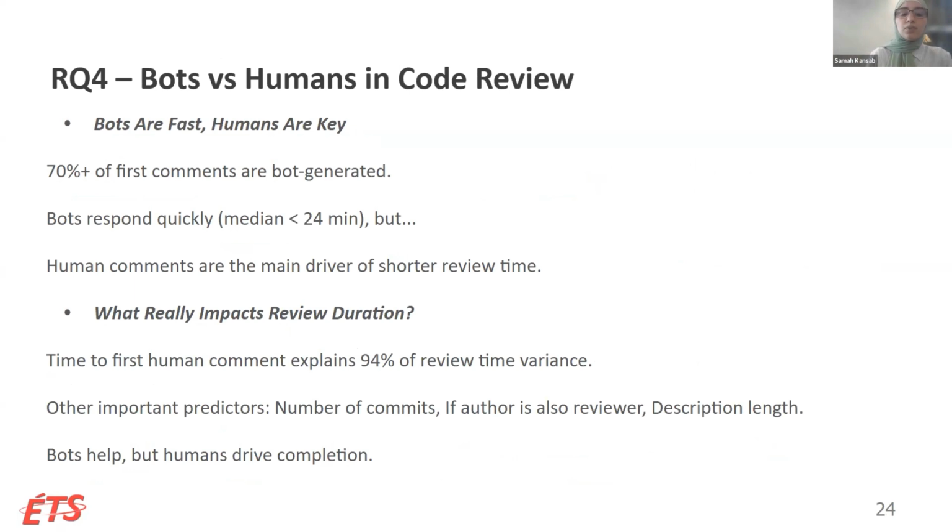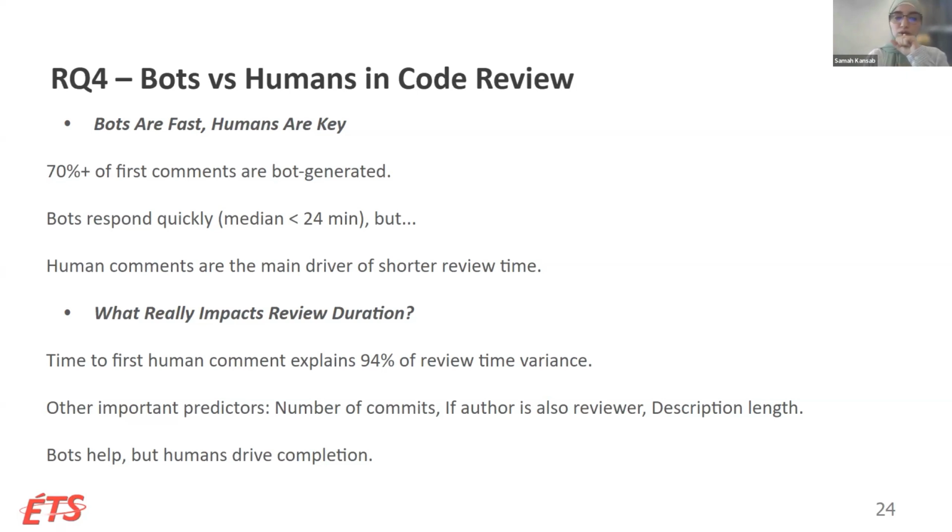We see that up to 70% of the first comments on the merge request are bot generated, but we see that people wait for the first human comment to close the merge request or to decide what to do on the merge request. And we also analyzed what really impacts the review duration using machine learning models.